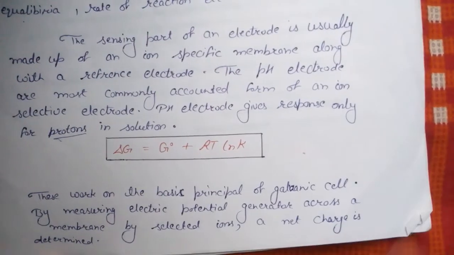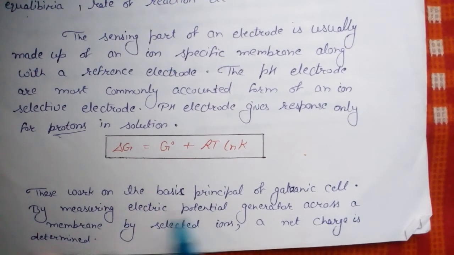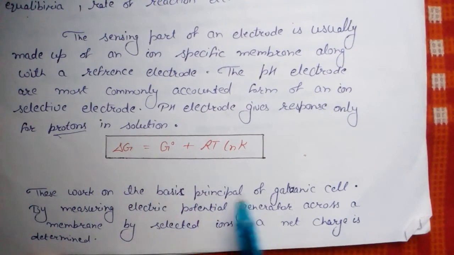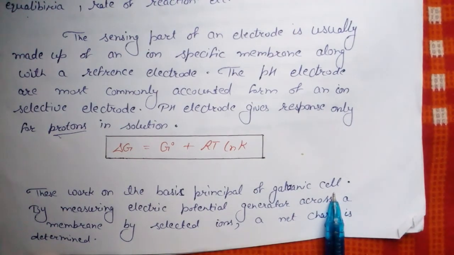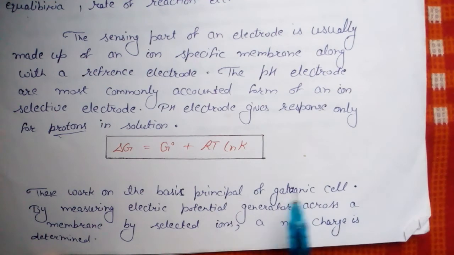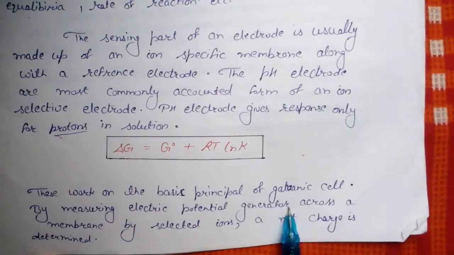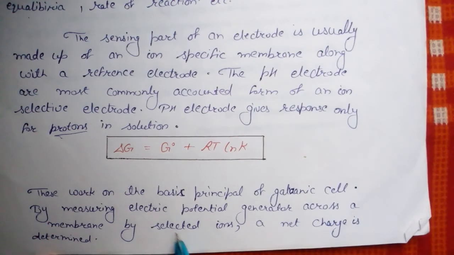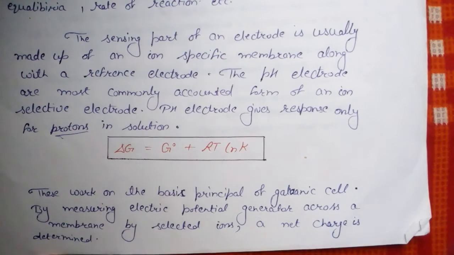After this, these work on the basic principle of a galvanic cell. It means the ion selective electrode generally works on the principle of a galvanic cell by measuring the electric potential generated across a membrane by selected ions and net charges determined, right?